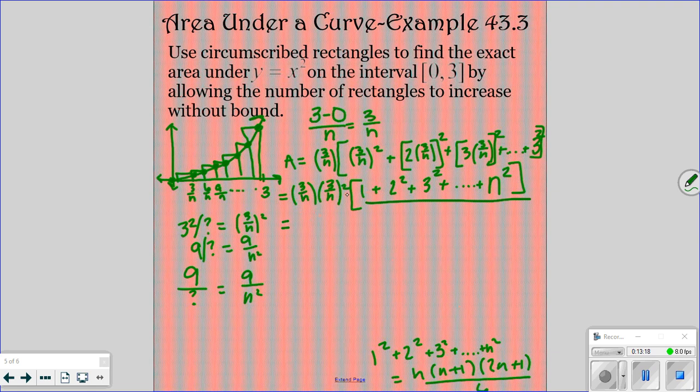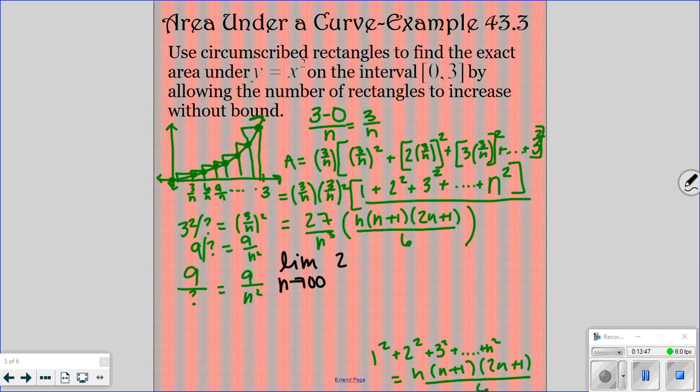So if I simplify this, 3 times 3 squared is 27, and then n times n squared is n cubed. And then this would be n times n plus 1, 2n plus 1, all over 6. And then we're going to take the limit of this expression as n approaches infinity.